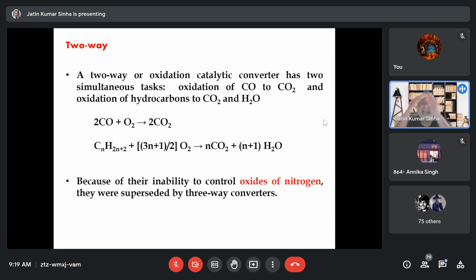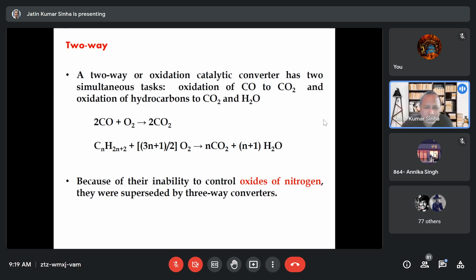This two-way catalytic converter converts carbon monoxide to carbon dioxide, and the hydrocarbons, which is basically the petroleum, are converted to carbon dioxide and water. But the two-way catalytic converter is not able to convert the nitrogen oxides, which are also vital air pollutants.